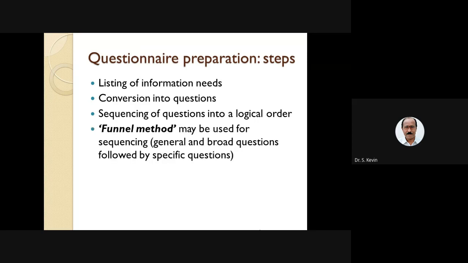That is, the funnel starts with the broad head and comes to a narrow ending. So it's called a funnel method. And we start with general broad questions followed by narrow specific questions. So we start with what is the gender, what is your housing status, and so on. So then demographic general questions. Then we come to the specific questions regarding job satisfaction and so on. So this funnel method is used.